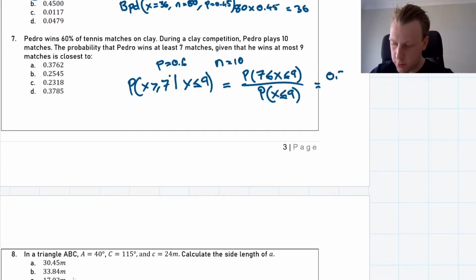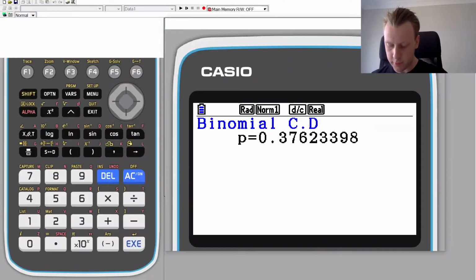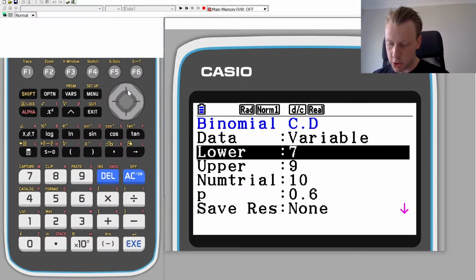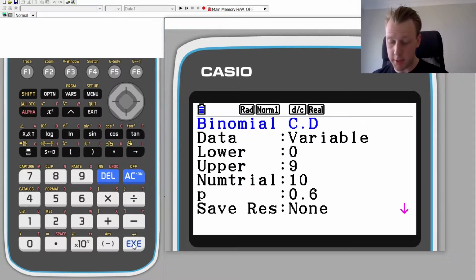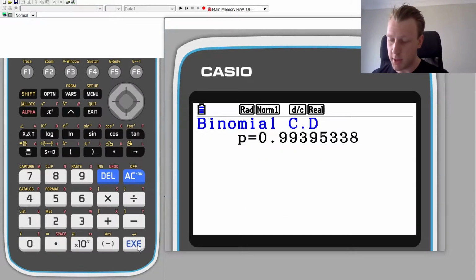So that's 0.3762 divided by the fact that he's going to win at most 9. So if he wants to win at most 9, that is changing this lower bound to be 0 instead of 7, because he can win 2 games, or 4, it doesn't matter, that's at most 9. 0 to 9, that's the range I'm looking for. So it equals 0.9939.